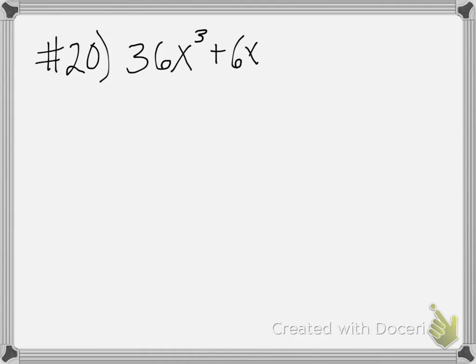Alright? I'd like to do one example and then I'll be done. We're going to do number 20 from your homework page. Okay? And what that says is 36x cubed plus 6x squared equals 9x.